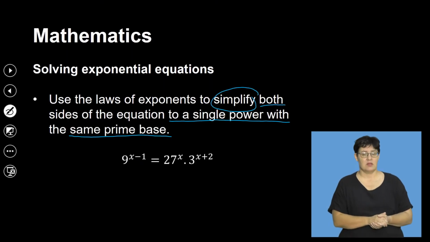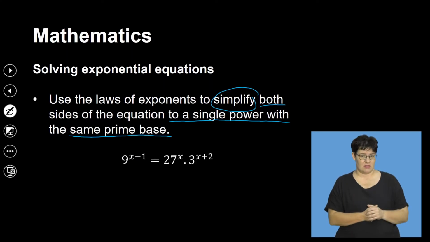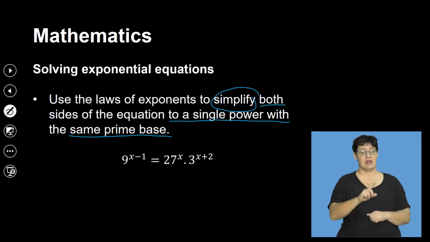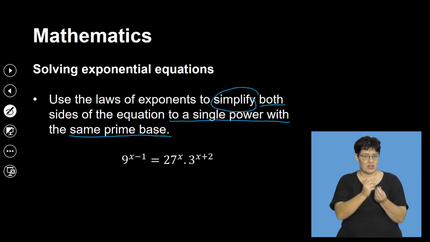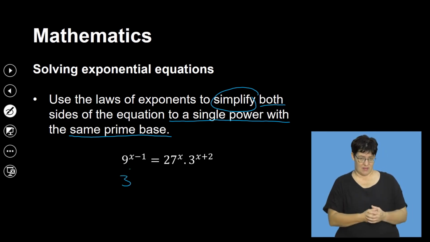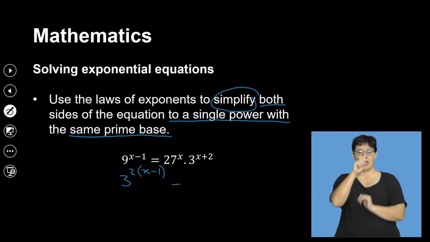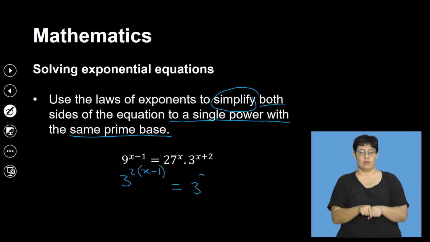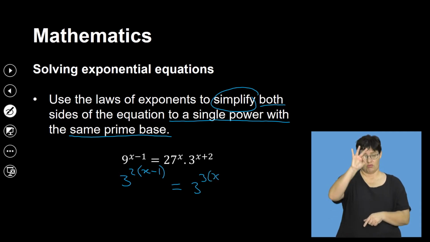Now, just an example for this, it will be 9 to the exponent of x minus 1. So to simplify this, I must change everything to be the base of 3, right? Or a prime number. So this is going to be 3 squared into x minus 1, and this is equal to 3 cubed into x, right?